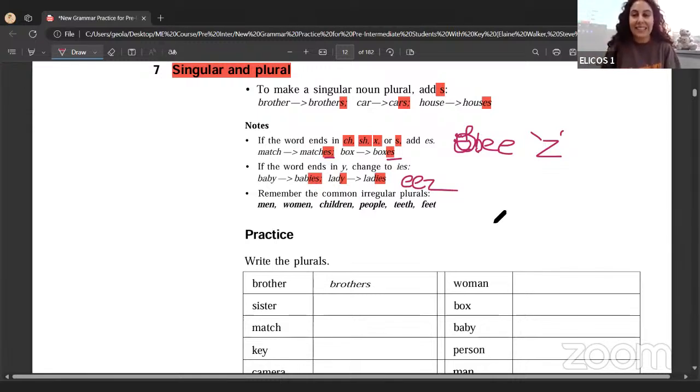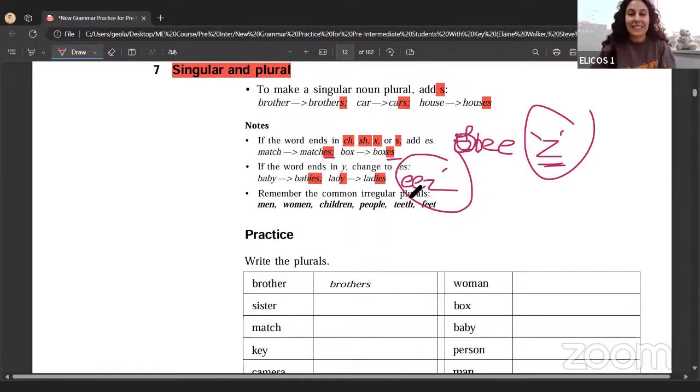Babies, ladies. So very different pronunciation to the Z before. Boxes, matches. But this is EEZ. Babies. So make sure that E is a little bit long. The IE, make it very long, like an EE, and then the S is like a Z.